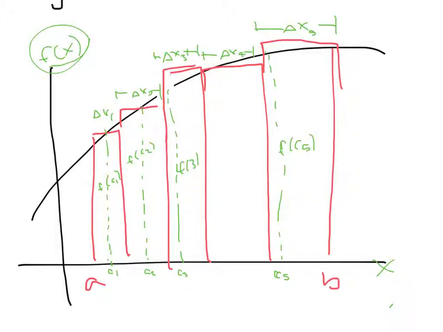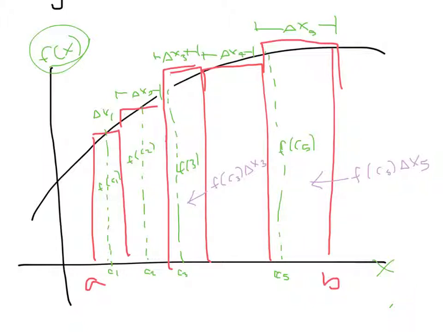Okay, now I can use these heights and these widths to determine the areas of my rectangles. So I can say that this rectangle has area of my height times my width. So f of C5 times delta x5, okay? This area here is f of C3 times delta x sub 3, okay?